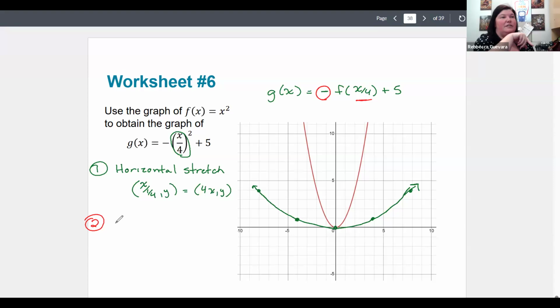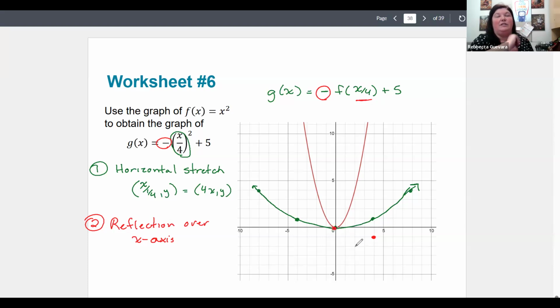So this is a reflection over the x-axis. So this point here moves down here because it's just the y that's turning from positive to negative.